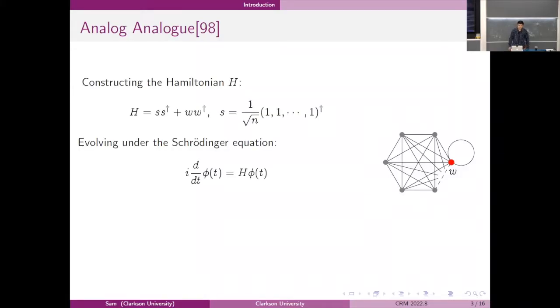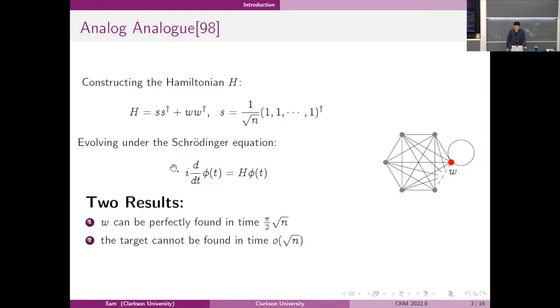This method is called the analog Grover search, proposed by Farhi and Gutmann in 1998. They construct a Hamiltonian H equal to |s><s| plus |w><w|, where |s> is the uniform superposition over all the vertices and |w><w| is the oracle. It evolves the whole system under the Schrödinger equation.